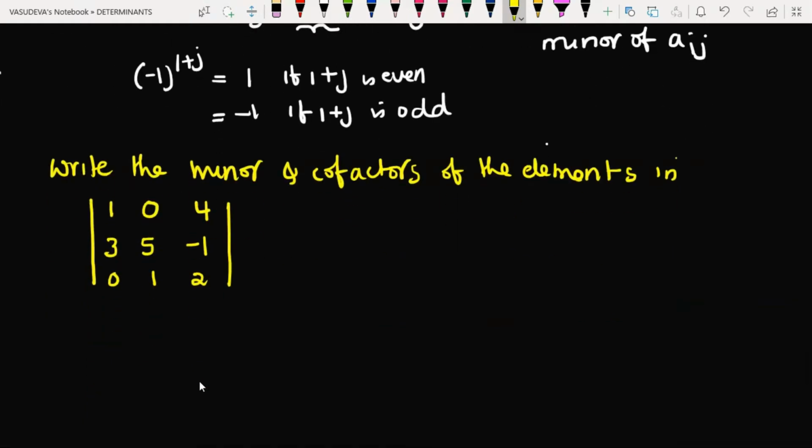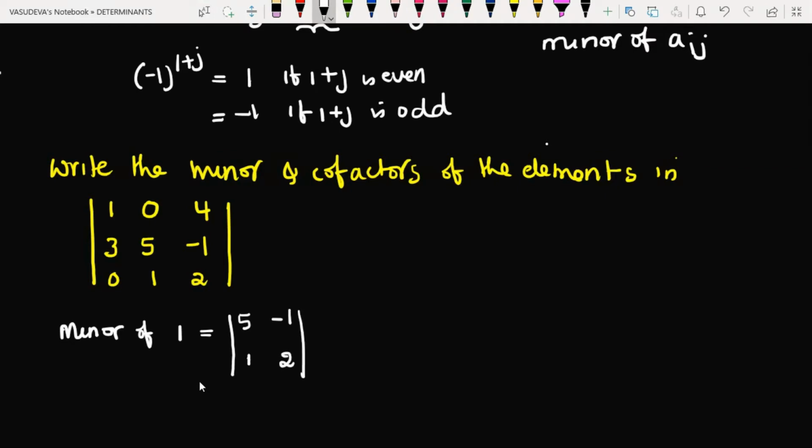Now I shall find out the cofactor of the element. Before finding the cofactors of the elements, let's find out the minor of the element. So now the minor of 1: that 1 lies in the first row and the first column. So the minor of 1, leaving the elements of the first row and the first column, is the determinant of 5 -1, 1 2.